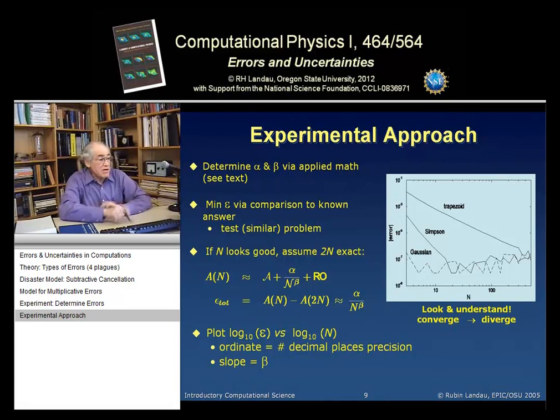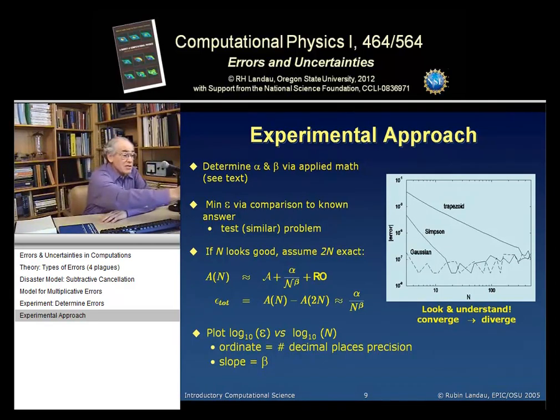So what you see here is that at first the error in the computation decreases like a straight line. Well, this is a straight line on a log-log plot, and that means the error falls off like the power of n. So this slope, which you can determine just by rise over run, just by taking the tangent, is equal to the power beta. So you have a way of determining the power beta.